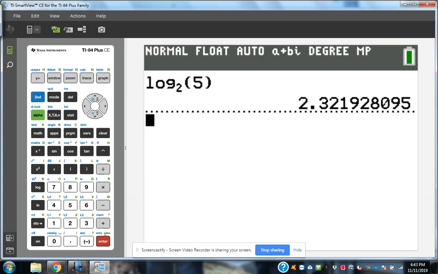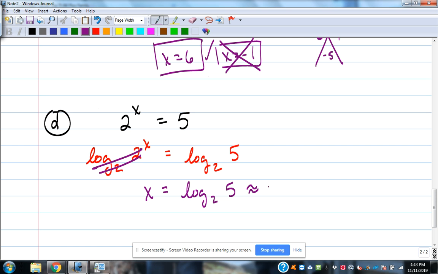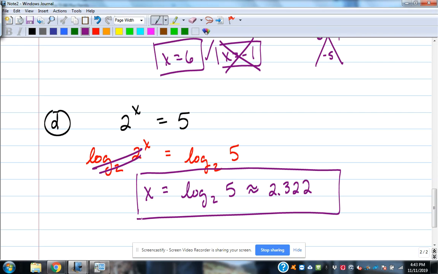And let's go 3 decimal places. So 2.322. And we have found the solution to that. So using the log to cancel out the base, we can solve these problems.